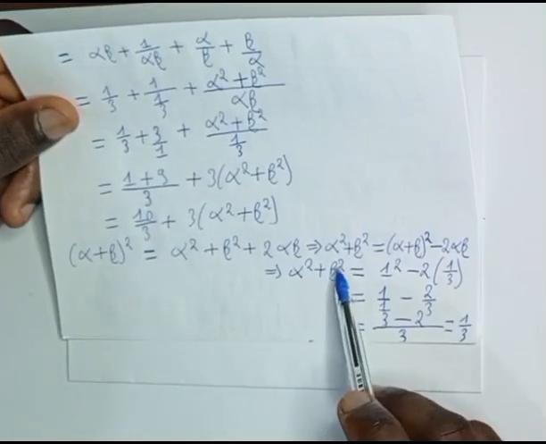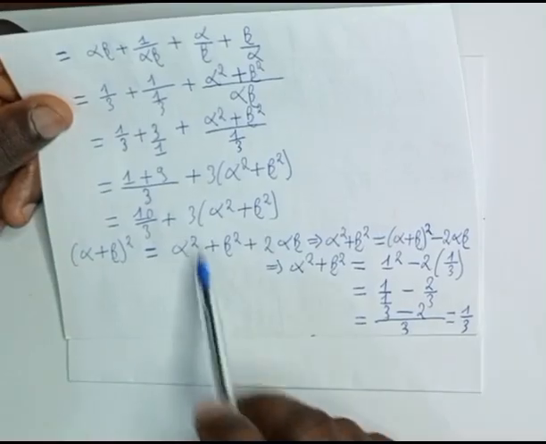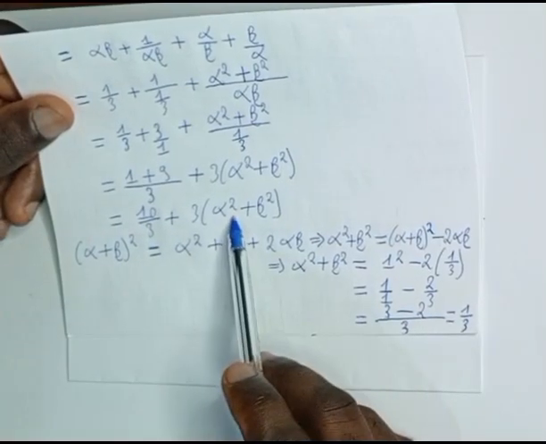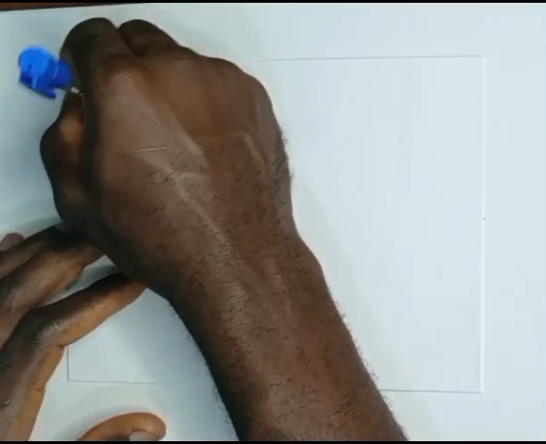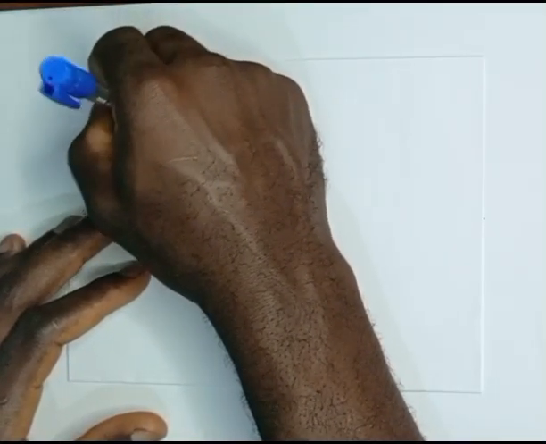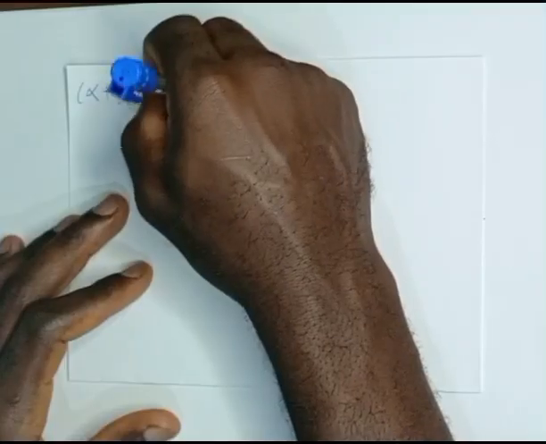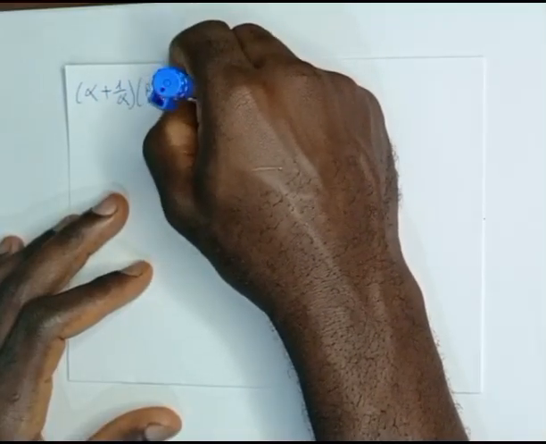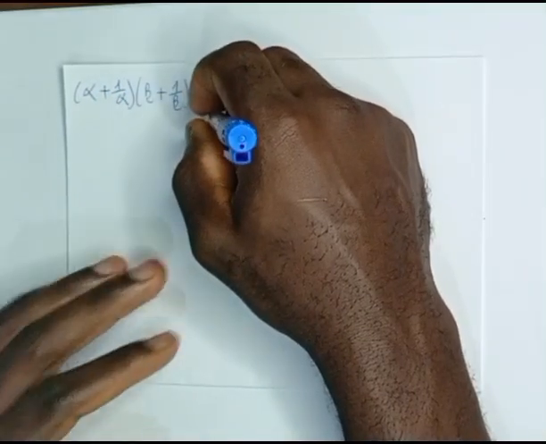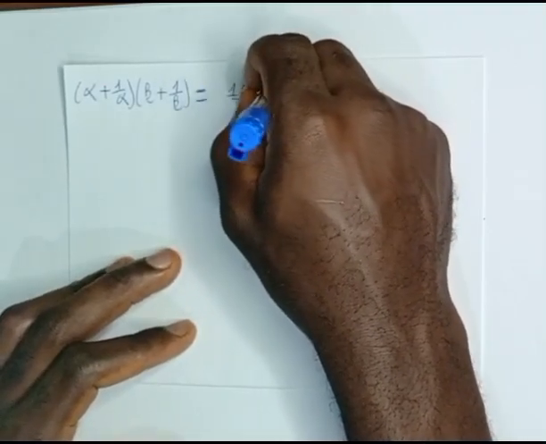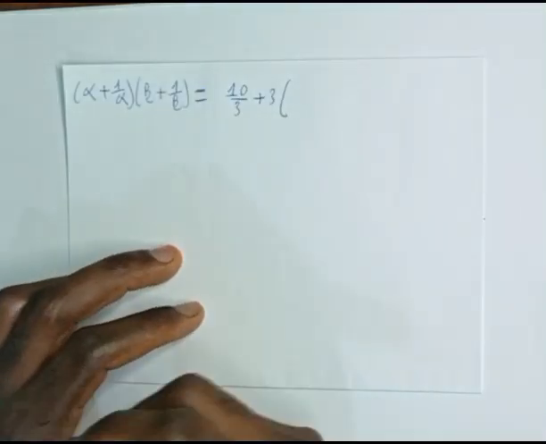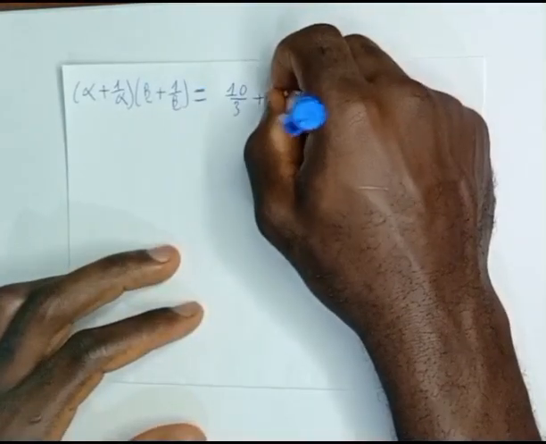Knowing alpha squared plus beta squared as 1/3, we are going to insert it here so that we can get the value for this product. It simply means alpha plus 1 over alpha times beta plus 1 over beta will simply be equal to 10 over 3 plus 3 times alpha squared plus beta squared, which is 1/3.